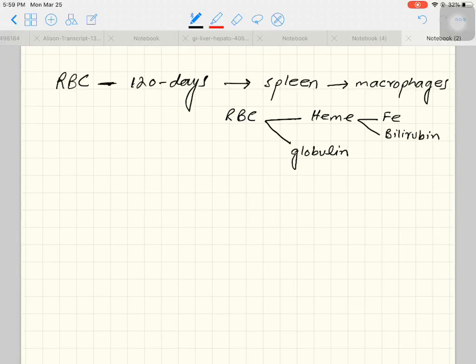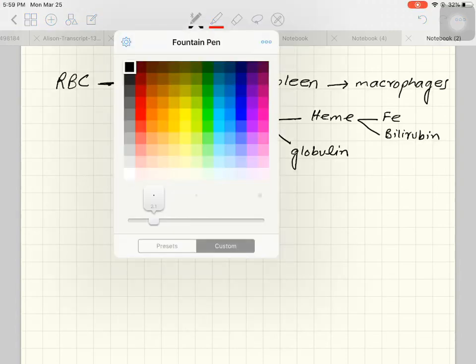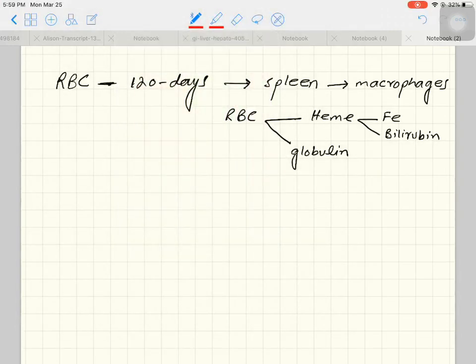We will discuss all these steps in a little bit of detail, with a presentation. For example, this is your RBC cell. If you look at the RBC cell, it has a specific type of protein called spectrin.